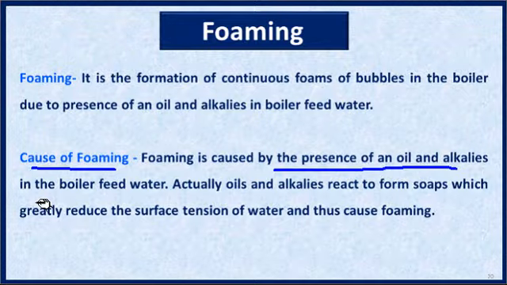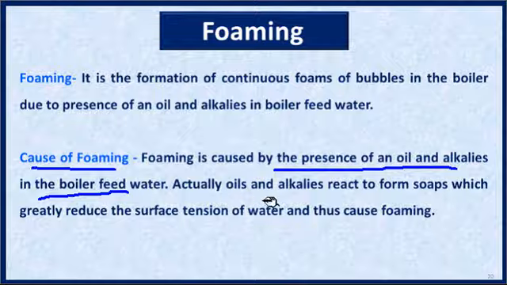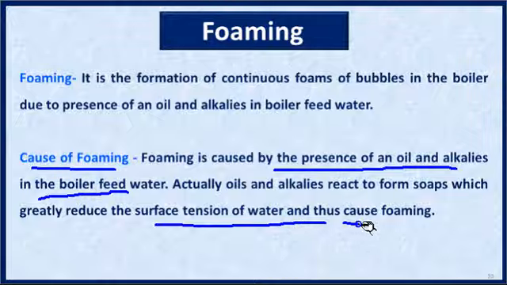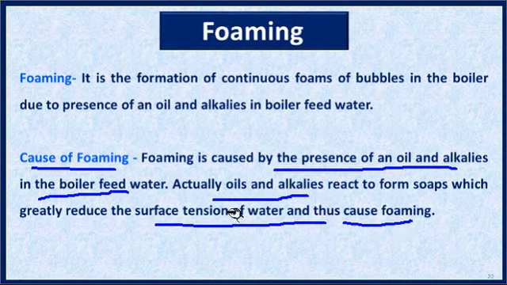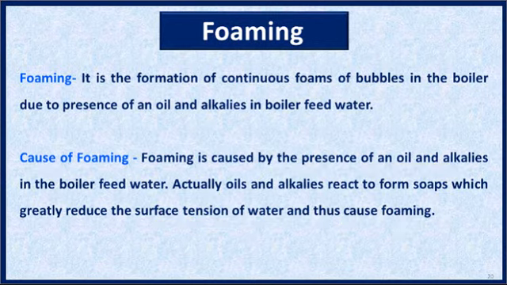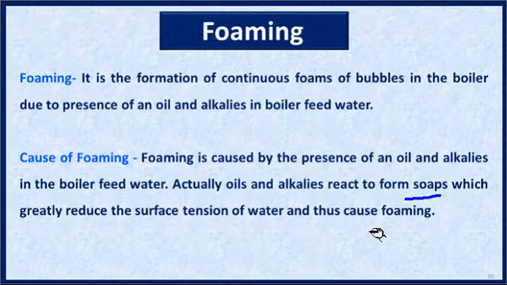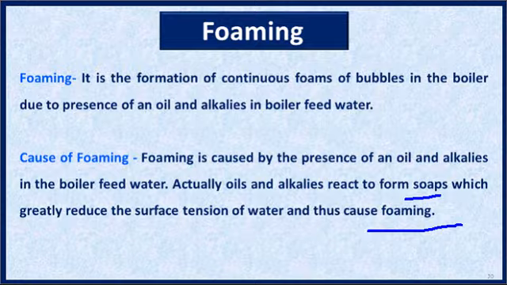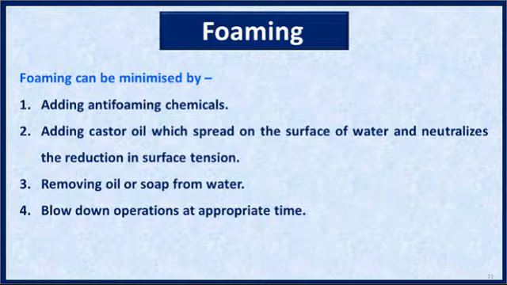Oil and alkali react to form soaps, which greatly reduce the surface tension of water and thus cause foaming. We know that when soap is dissolved in water, it creates foam, it forms lather. That is why when oil and alkali impurities are present in the boiler feed water, they form soap and the soap forms the foam. That is why foaming exists.